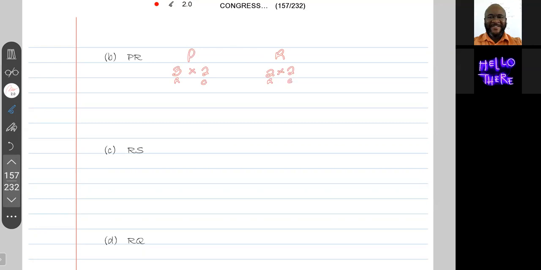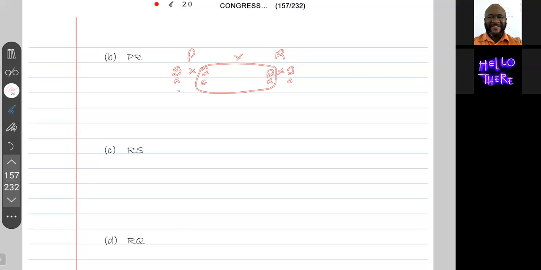Now, 2 matrices are compatible for multiplication when the number of columns in the first is equal to the number of rows in the second. The number of columns in the first matrix is 2. The number of rows in the second matrix is 2. So that makes the 2 matrices compatible.